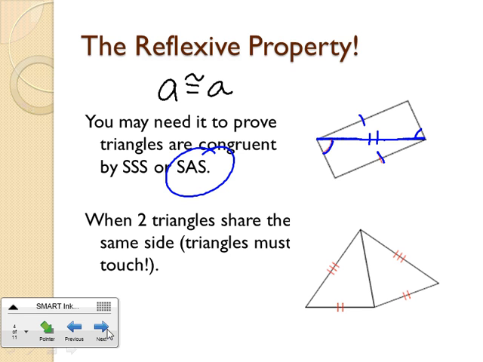And that's what the reflexive property says, that that side is equal to that side. In the bottom, when we're using our side, side, side conjecture, we can see we've got those 2 sides that are congruent to each other, and then that 3rd side that they share. And that 3rd side is congruent to itself, and that's where that reflexive property is going to come in handy.